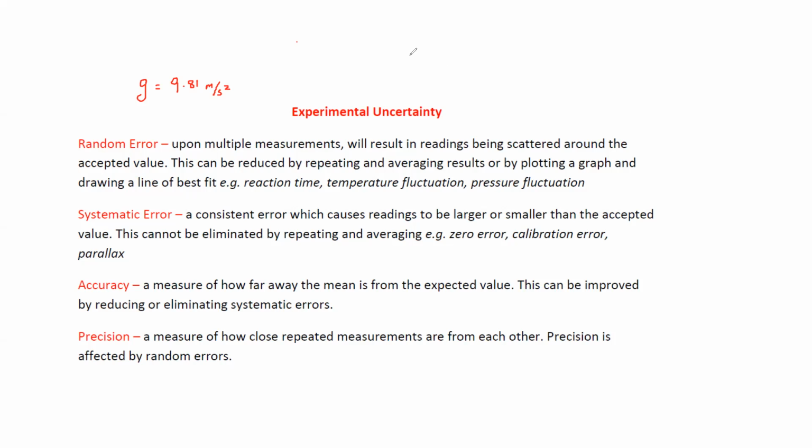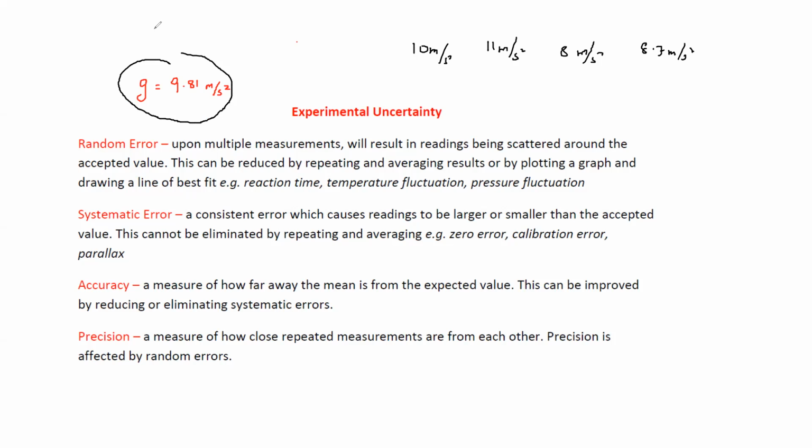He got one value as, say, 10, another value as 11, then another as 8, then another as 8.7. When the values are fluctuating around the standard or actual value, we can identify that this experiment has a random error.